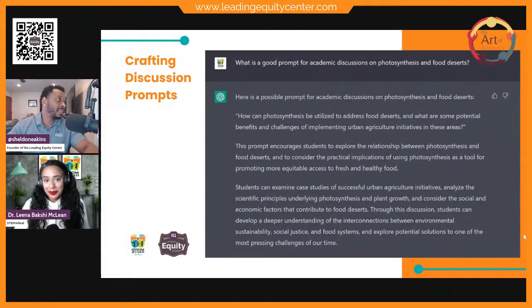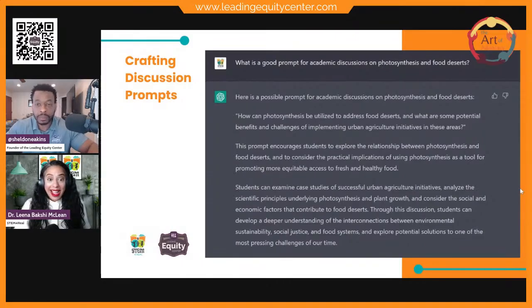So here's a question. When you were putting this slide together, I see that you put in what is a good prompt for academic discussions on photosynthesis and food deserts, but it came up with way more than that, right? Were there some additional prompts that you put in to get this additional text?